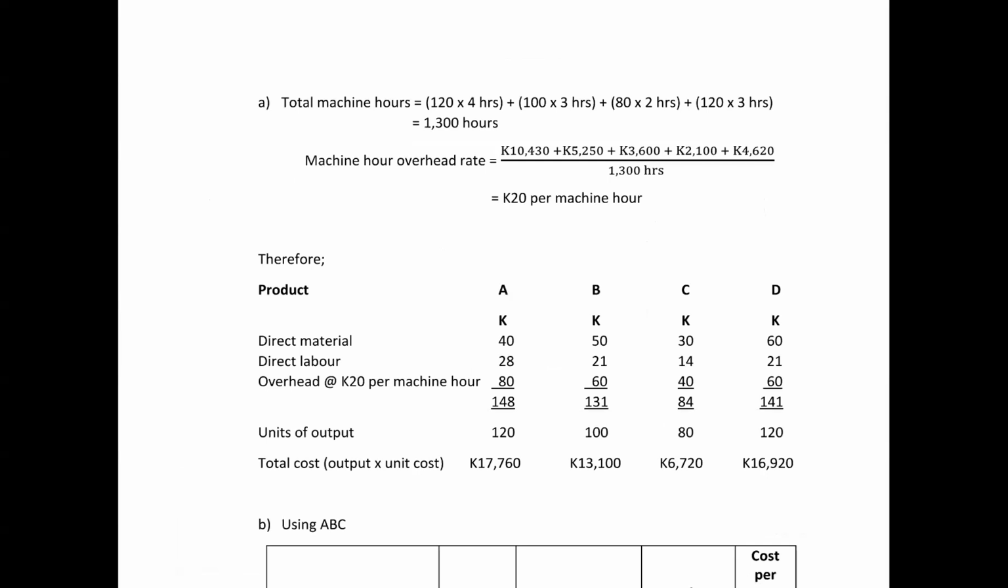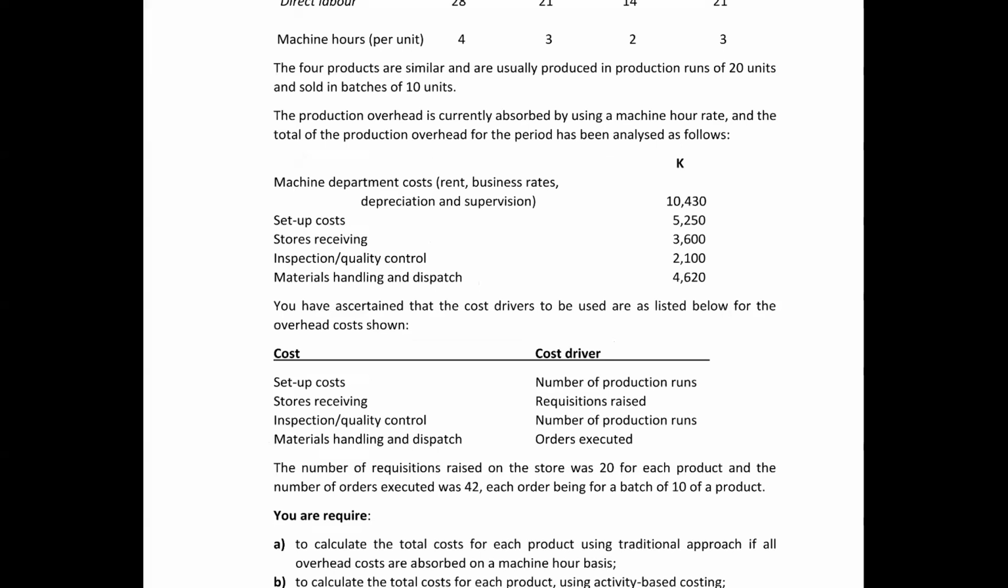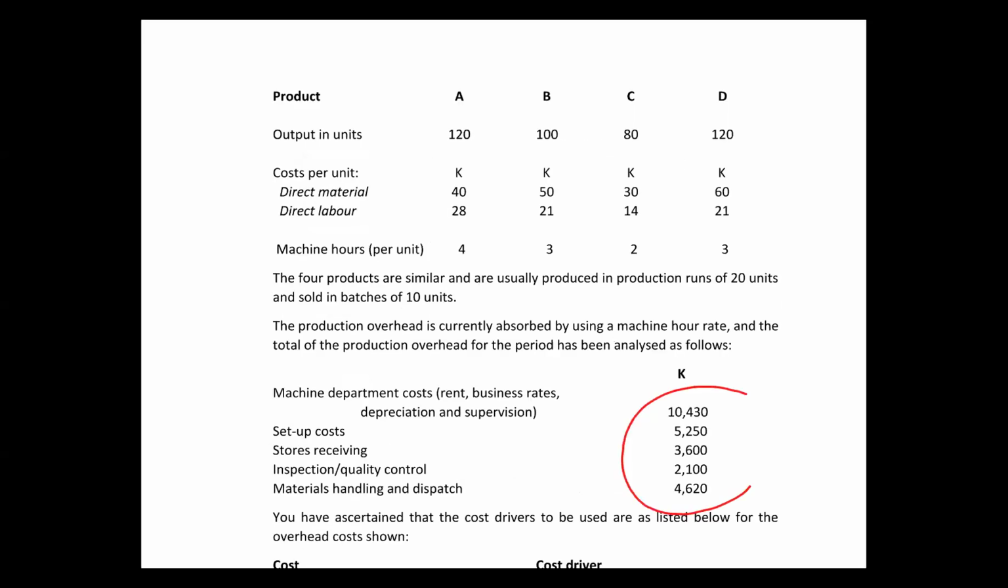So they needed to establish how many total hours there are, and divide them into the total overhead, right? These are total overheads. After totaling all the overheads, then divide by the total number of machine hours.